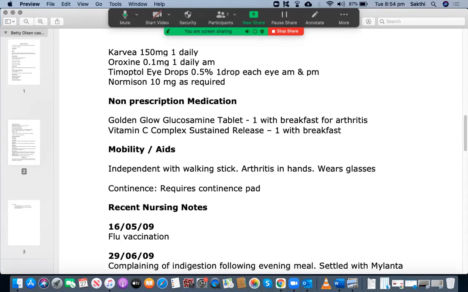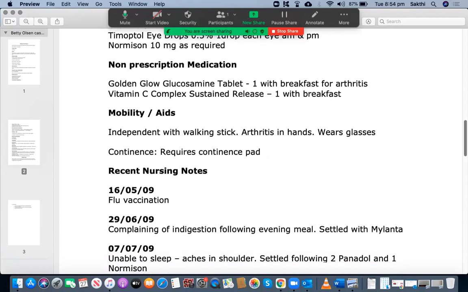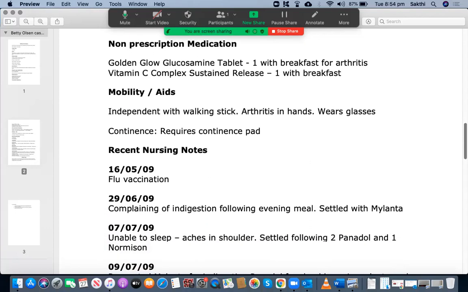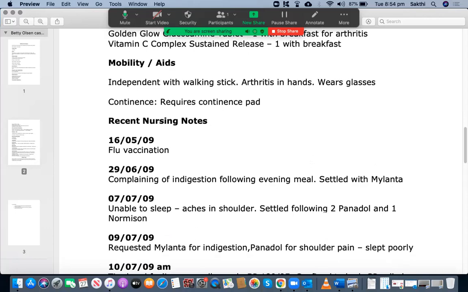Narmicin 10 mg as required. Non-prescription medication: Golden Glue glucosamine tablet, 1 with the breakfast, for arthritis, vitamin C complex, sustained release, 1 with the breakfast. Mobility and aids: independent with the walking stick. Arthritis in hands, wears glasses. Continence requires continence pad. All right.